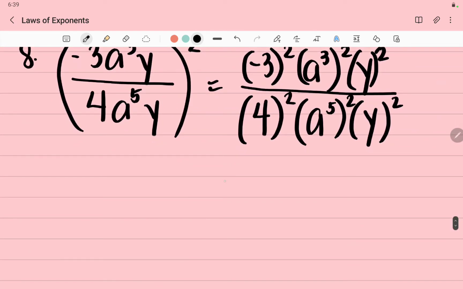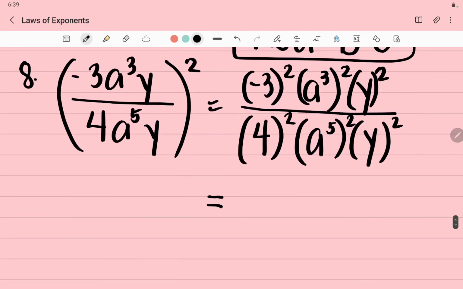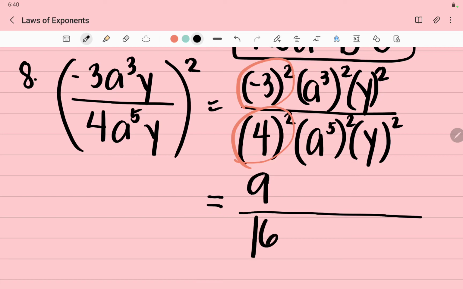What do you think is the final answer? Negative 3 times negative 3 is 9. And then 4 squared is 16.